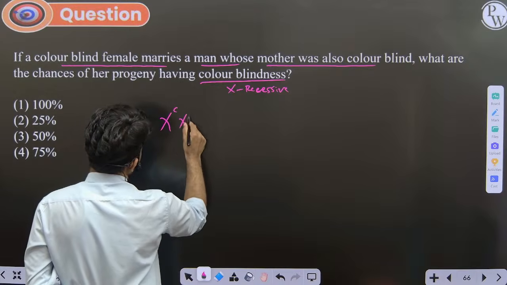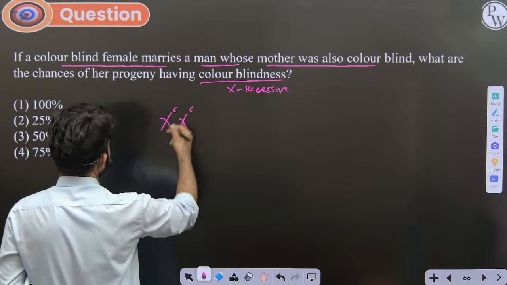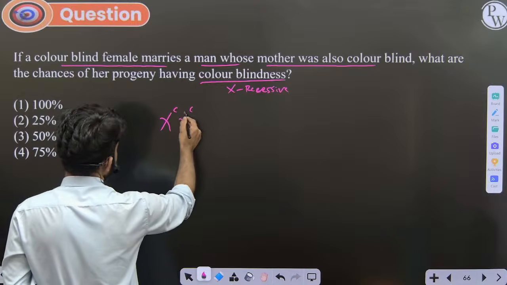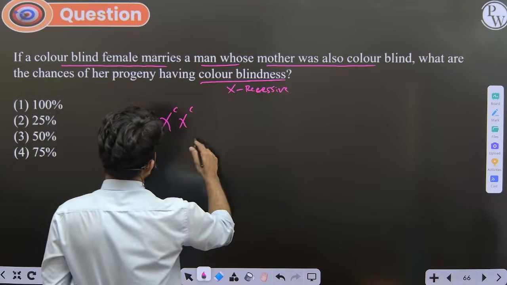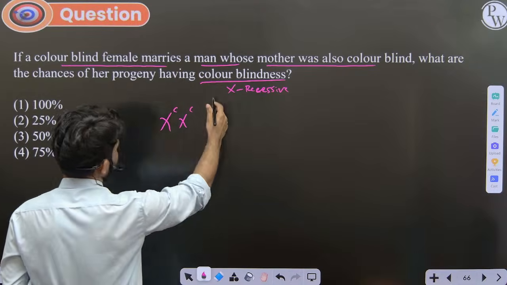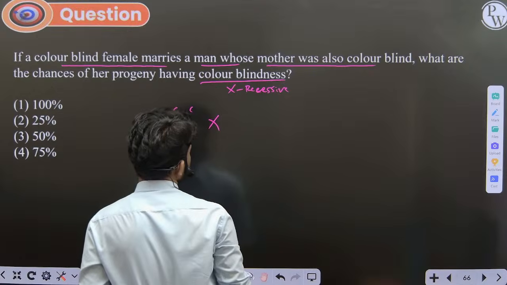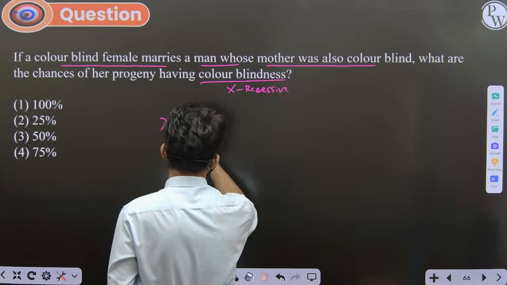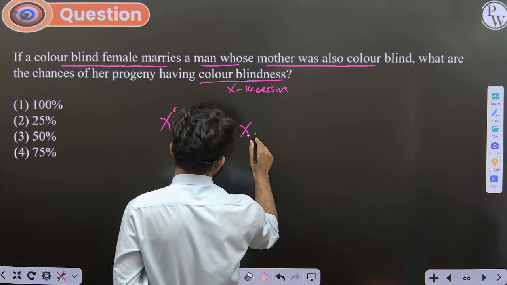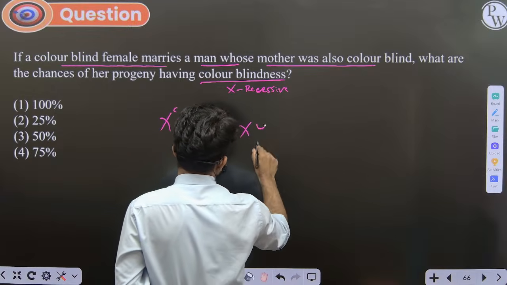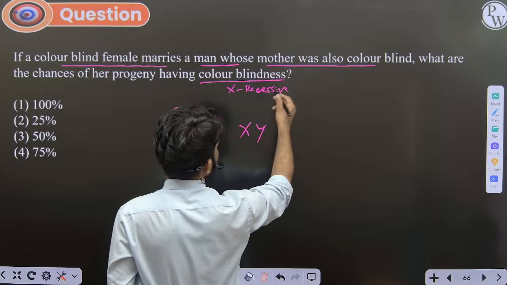That means she is carrying both recessive genes, right? So she marries a man whose mother is also color blind.